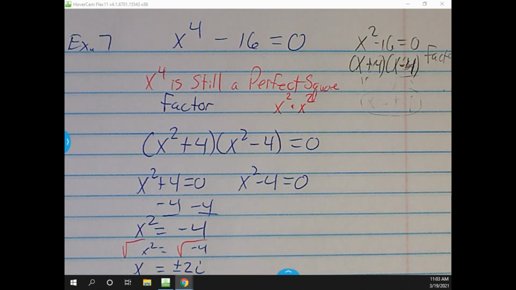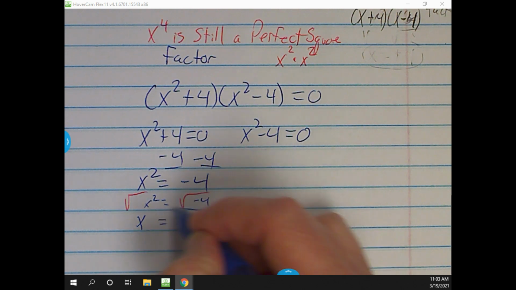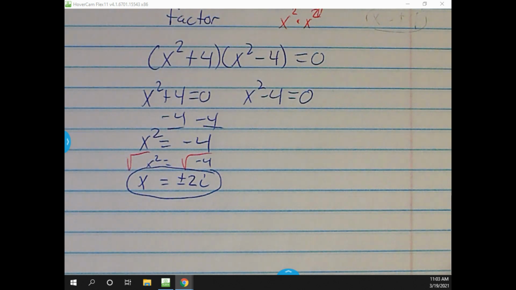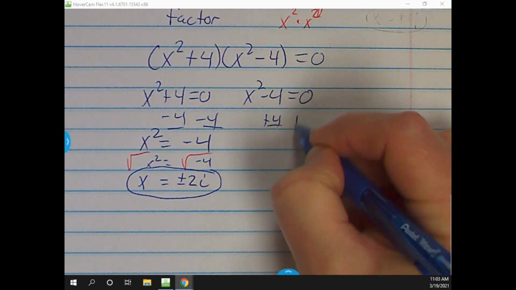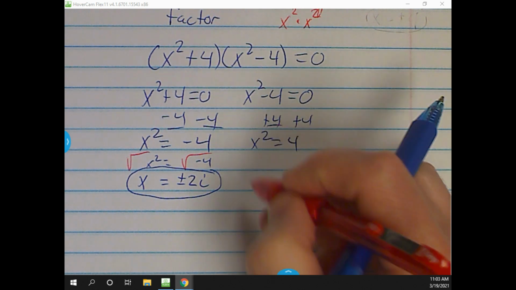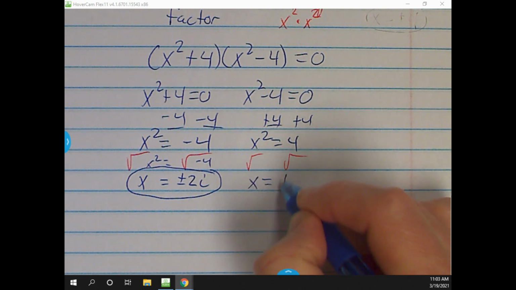And again, because that's a negative 4, the answer is going to be plus or minus 2i. And this one will do a plus 4. When you square root it, it's not a negative number, it's just a regular 4. So the answer would be just plus or minus 2.